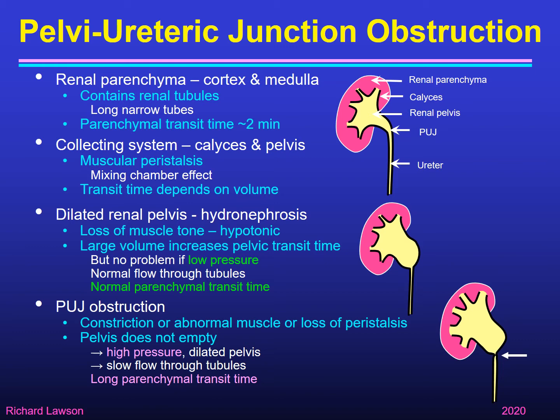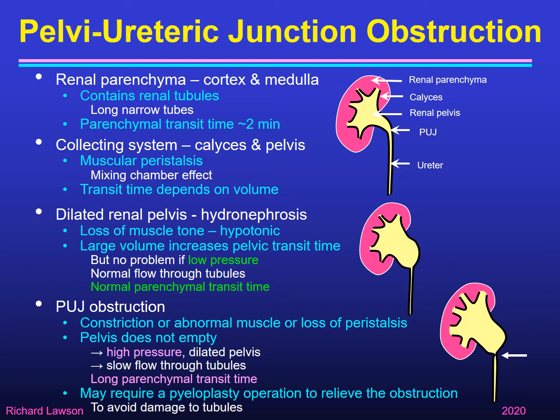In these cases the pelvis will not be able to empty and will end up with a high pressure inside the renal pelvis. That will cause the pelvis to dilate, and that pressure can back up into the parenchyma and slow the flow through the tubules as well. So we can end up with a long parenchymal transit time in that situation.